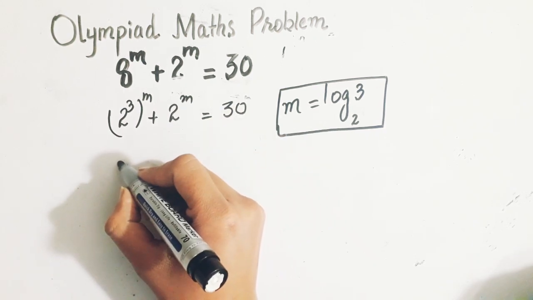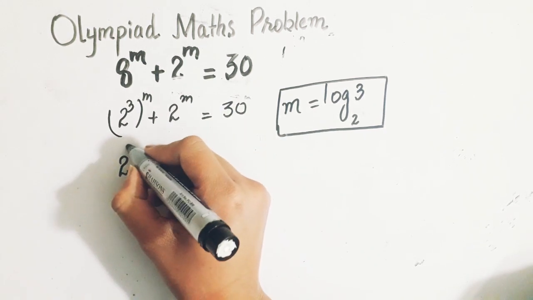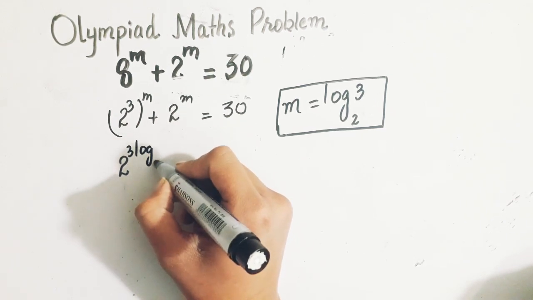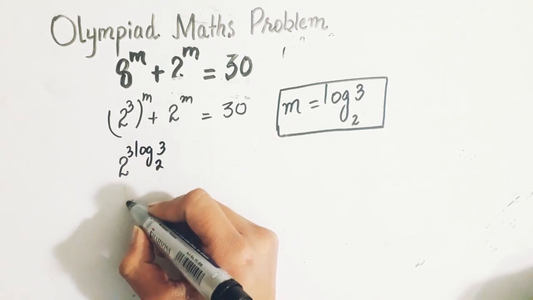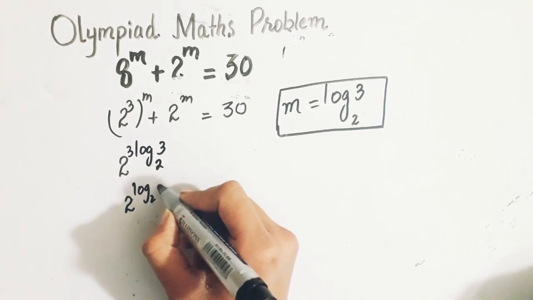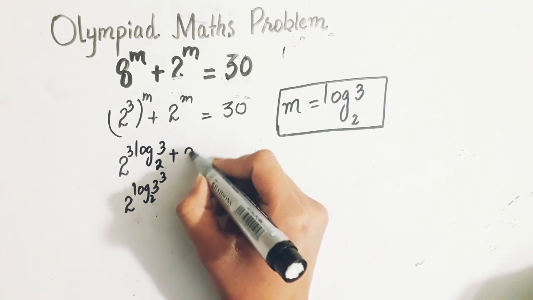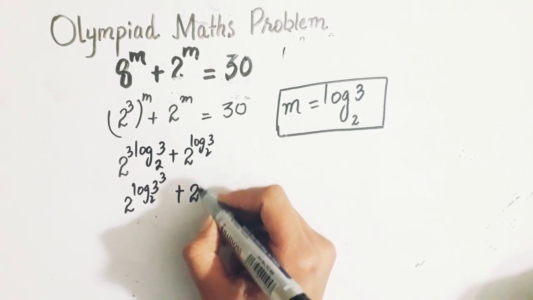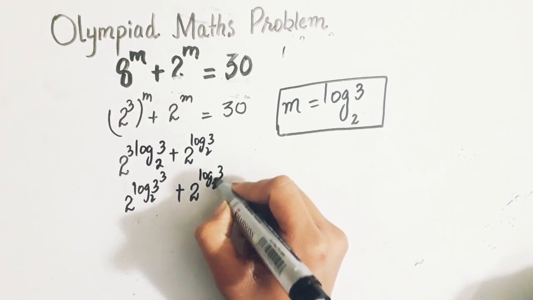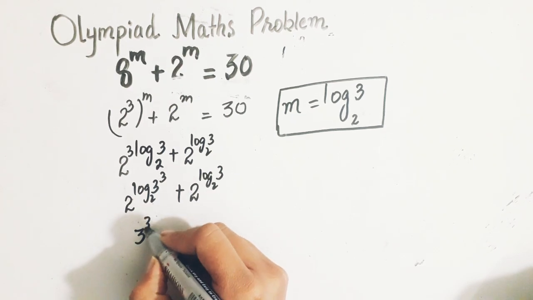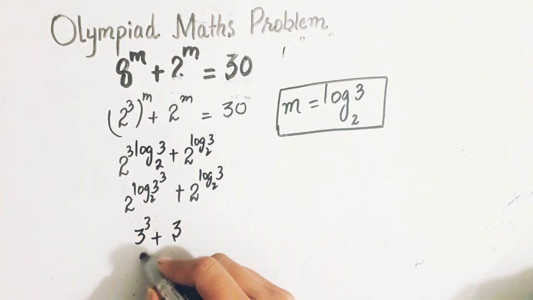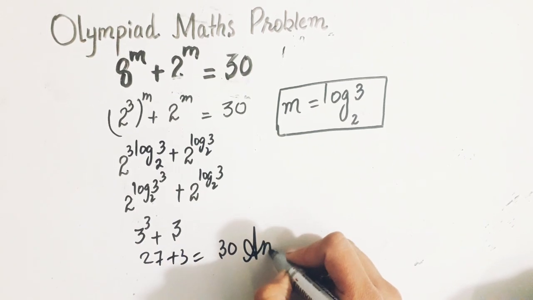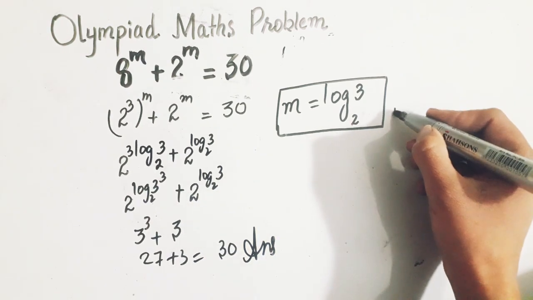So we have 2 raised to log base 2 of 3, in the power form, so 2 to the log base 2 of 3, cubed, and the other one is 2 to the log base 2 of 3. So we get 3 cube plus 3. That means 27 plus 3, that is 30. So this is the answer, meaning the value of m is correct.